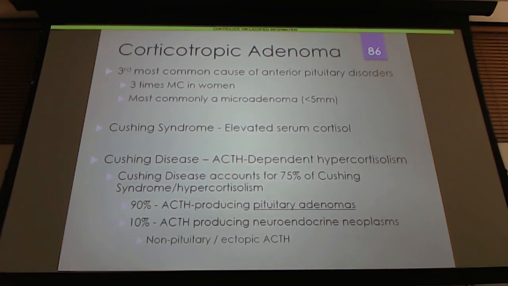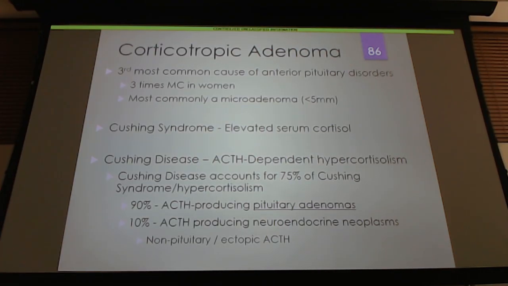Right? 90% of ACTH dependent causes are pituitary adenomas, which is this topic. And then of course 10% are ectopic. And those are typically non-endocrine, often cancer. You have to look somewhere else besides the endocrine system for it. Make sense?